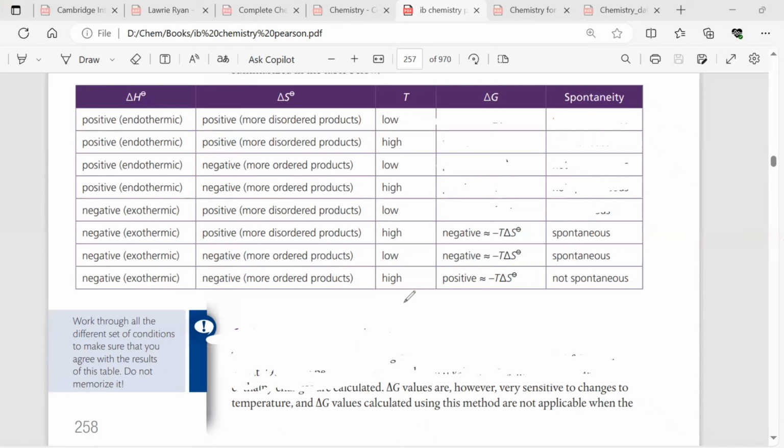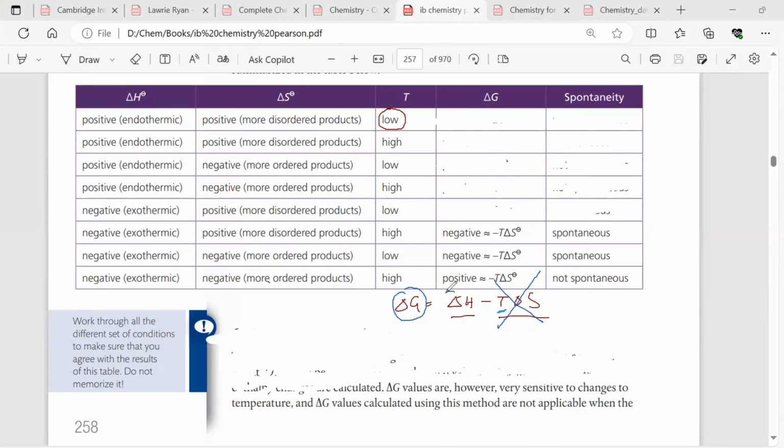Delta G is equal to delta H minus T delta S. Now, K, tell me, if the T is low, which of these values do we have to approximate? So this we cancel out. So delta G is equal to delta H. So now tell me, the spontaneity of the reaction depends upon what?